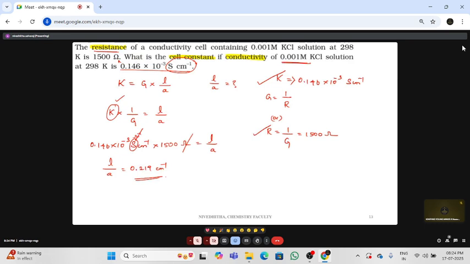Fine. Now we're going to learn a new term which is called molar conductivity. I'm going to represent it with this symbol. What symbol is this?